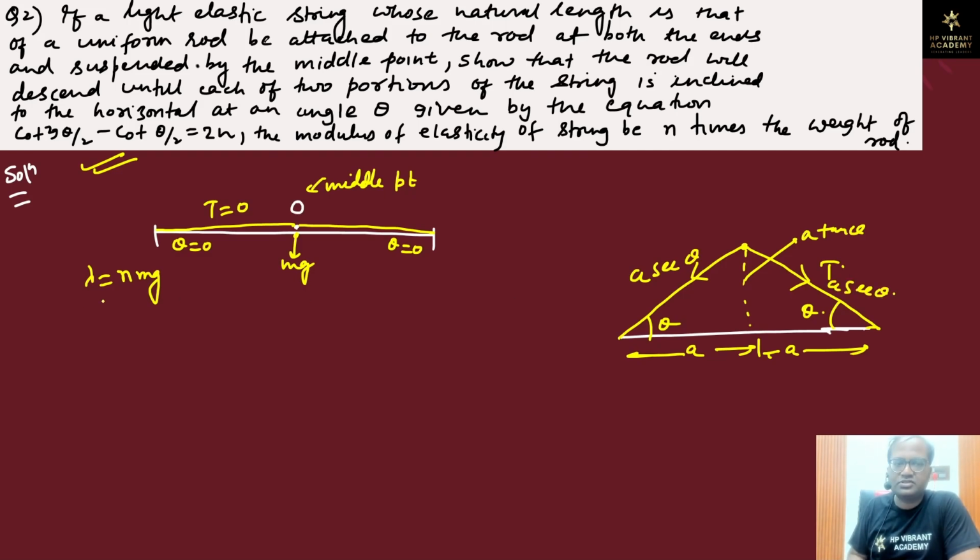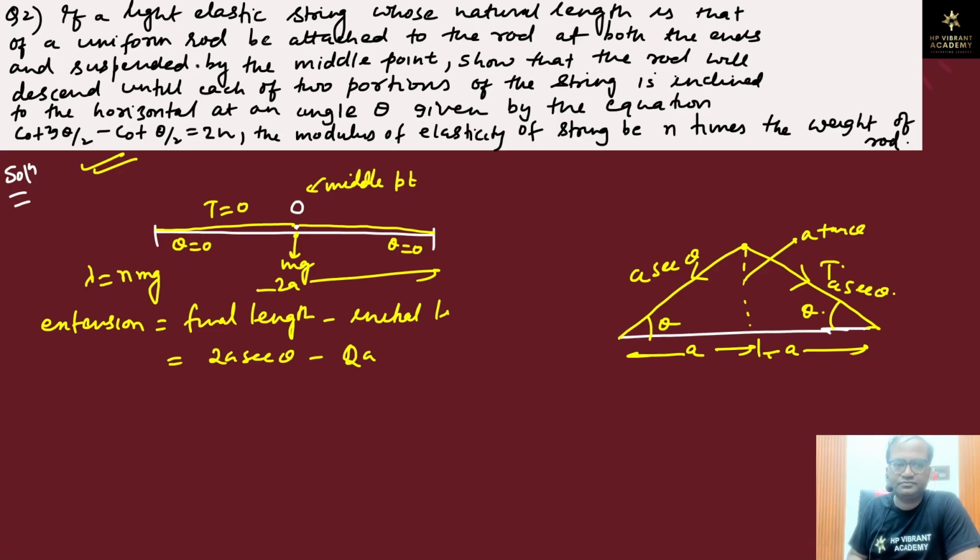So what is our extension? The extension is equal to the final length of the string minus the initial length. This is equal to 2a sec theta minus 2a, where the initial length is 2a. This is equal to 2a (sec theta minus 1). This is the extension.